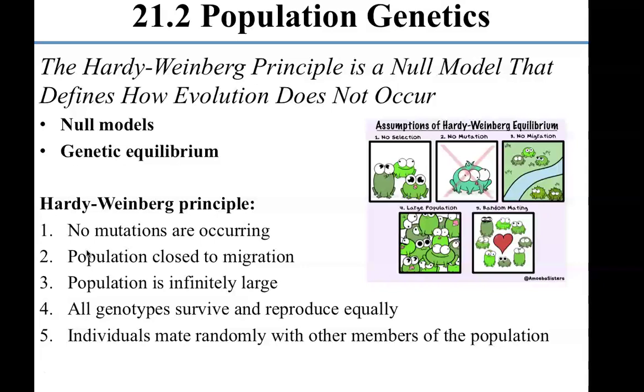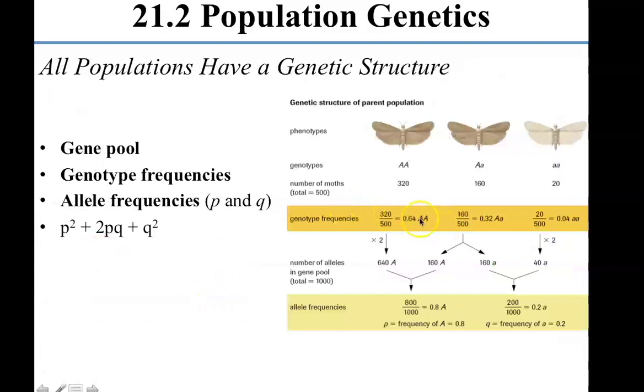So to go back here, we see that we can calculate our genotype frequencies in this population of moths, 0.64, 0.32, and 0.04, and then our allele frequencies are 0.8 and 0.2. So Hardy-Weinberg would say if this population is not evolving, we would expect the allele frequencies to stay the same over time, and the genotype frequencies. So we could come back 5 years later, look at the population, and if we calculate the genotype and allele frequencies again, we would expect them to be the same.